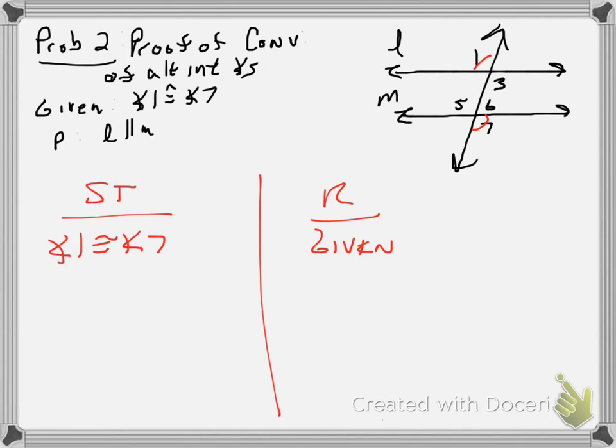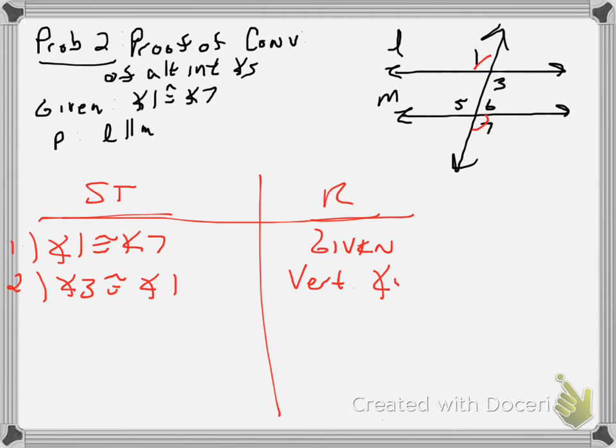Again, I should set up a better chart than this. 2, I'm going to say that angle 3 is congruent to angle 1 by vertical angles. Once I have that, now I can see that angle 3 and angle 7 are both equal to the same angle, so I can say that angle 3 is congruent to angle 7 by transitive.